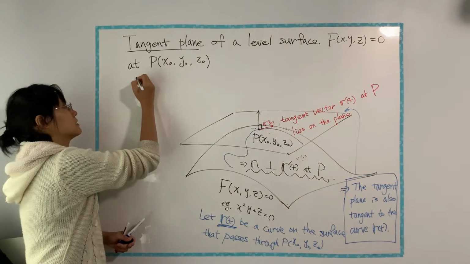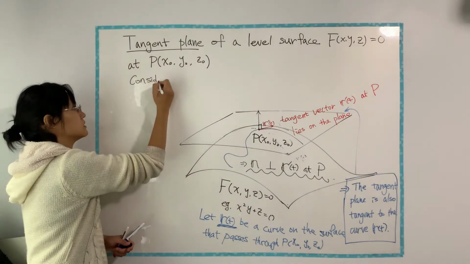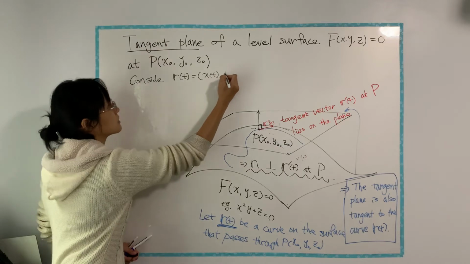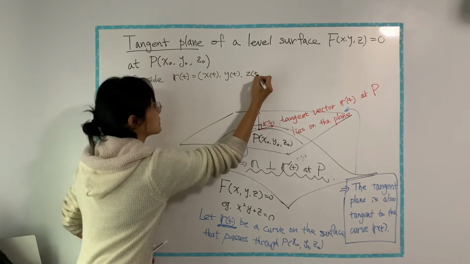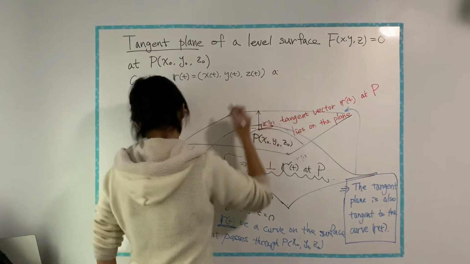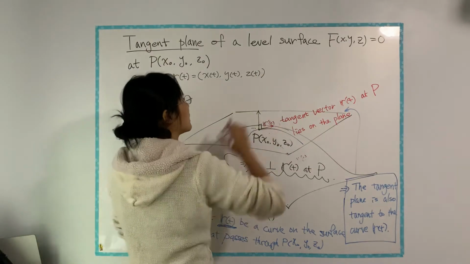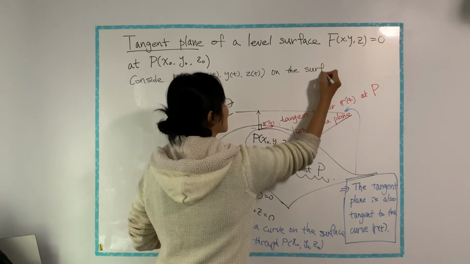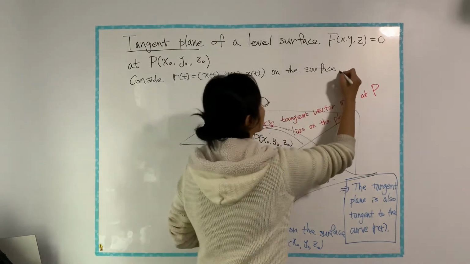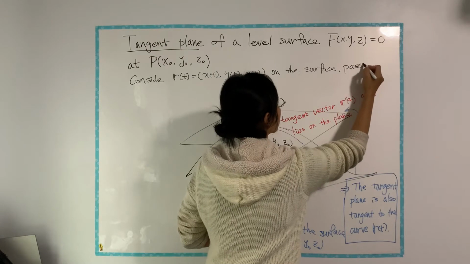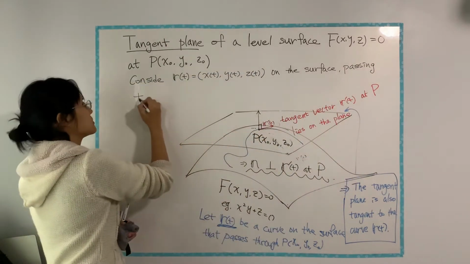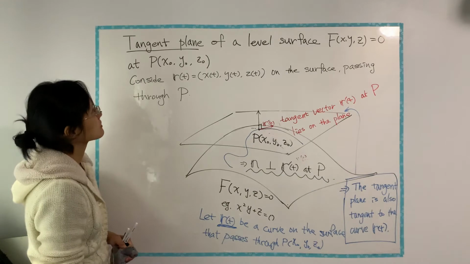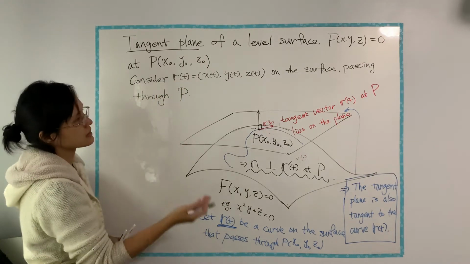Okay, so now what I'm going to do is this. I'm going to consider a curve on the surface passing through P. Okay, and look at its composite function.